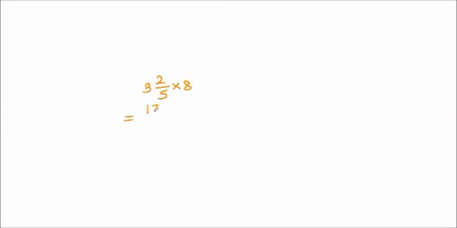So it is 17 upon 5 multiplied by 8. How did I do that? As I said, when I go from here to here, first I multiply. Whatever number I get, I go from here to here, I add. So 5 into 3, 15 I got, and 15 plus 2, 17 I got.